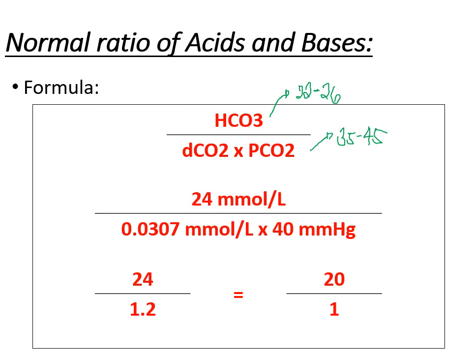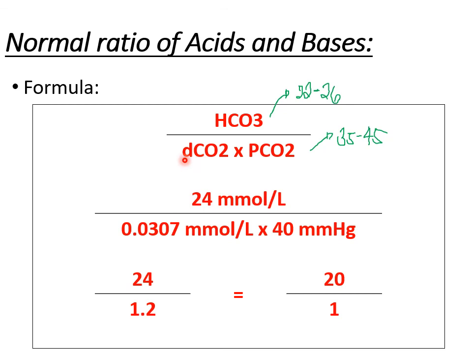So, balikan din natin yung normal ratio of the acidic compounds and basic compounds. To maintain the blood pH of 7.35 to 7.45, the compounds in our bloodstream should follow this rule. So, halimbawa, ang ating bicarbonate ay meron tayong normal value na 22 to 26 millimoles per liter with an average of 24.